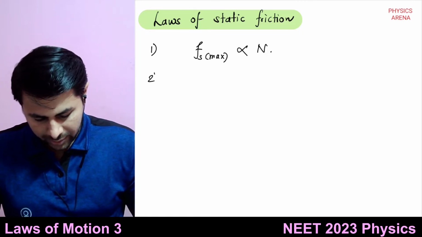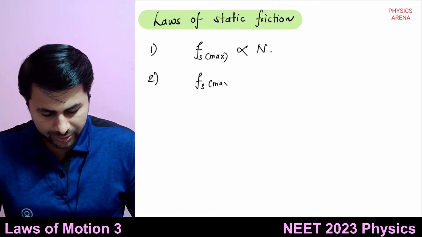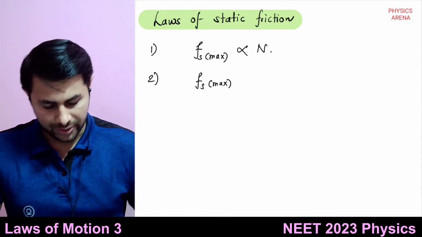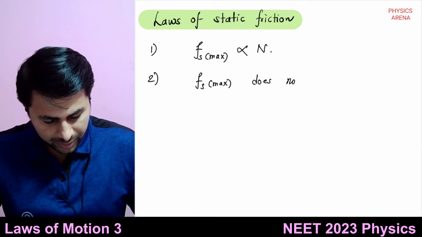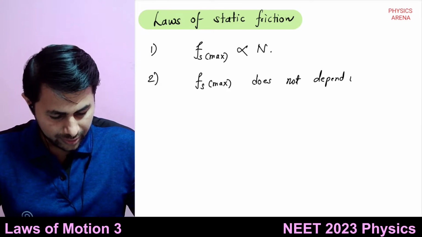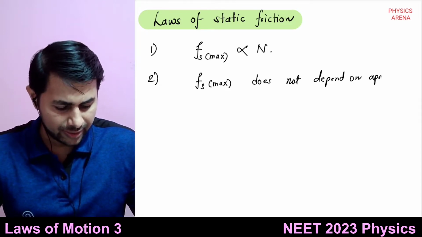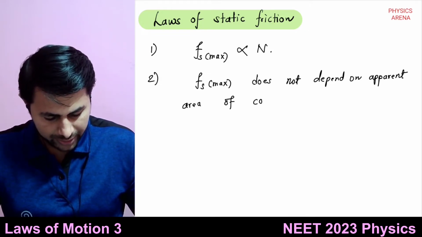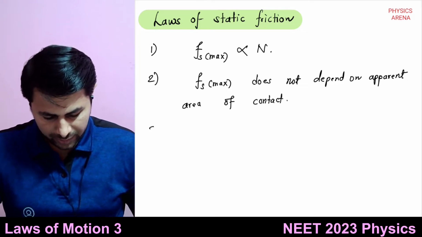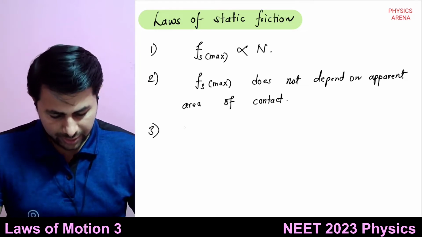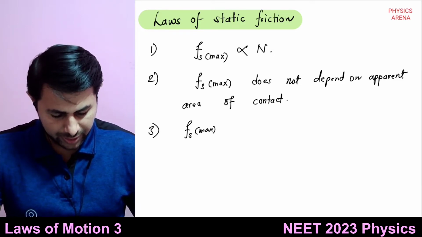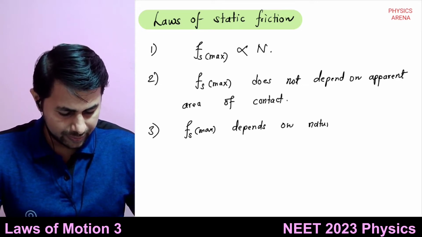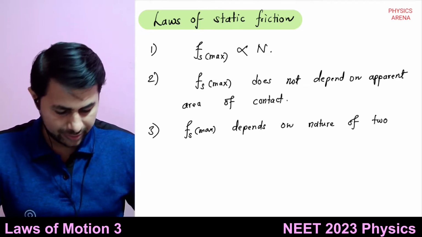Then the limiting value of static frictional force does not depend on the apparent area of contact between two bodies, and this limiting value of the static frictional force depends on the nature of two surfaces in contact.